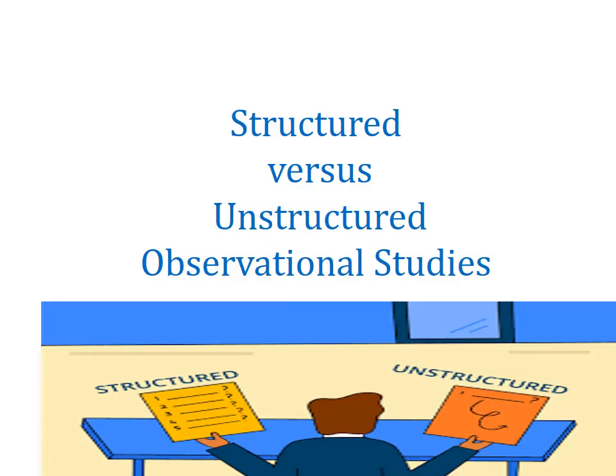Structured. Now we are going to discuss two methods of observational studies, the structured and unstructured methods. In a structured observational study, we have already planned and very systematically make a structure of observations, and the activities of observation are listed.